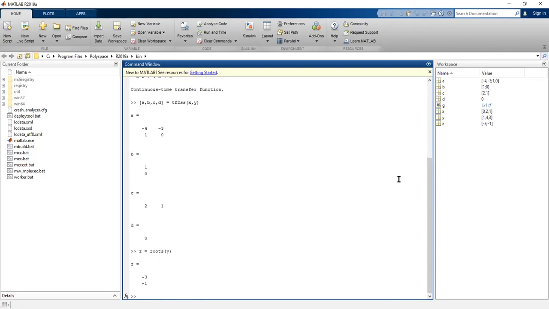Or if you want, the roots of the characteristic equation are the same thing as the eigenvalues of the matrix. So EIG of the matrix that you have, A. It is supposed to give you the same 3, -3, -1.